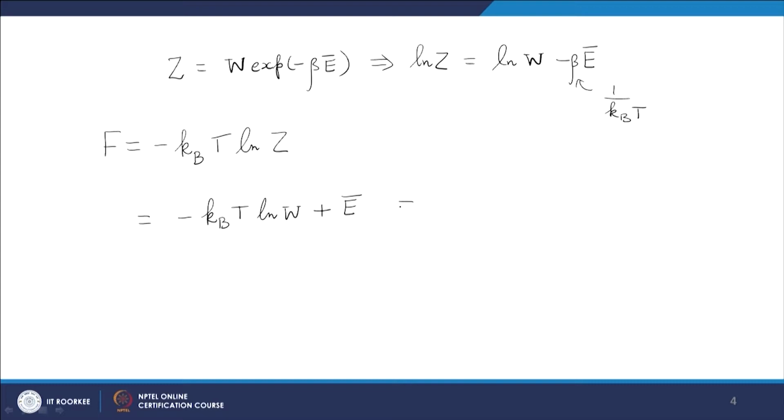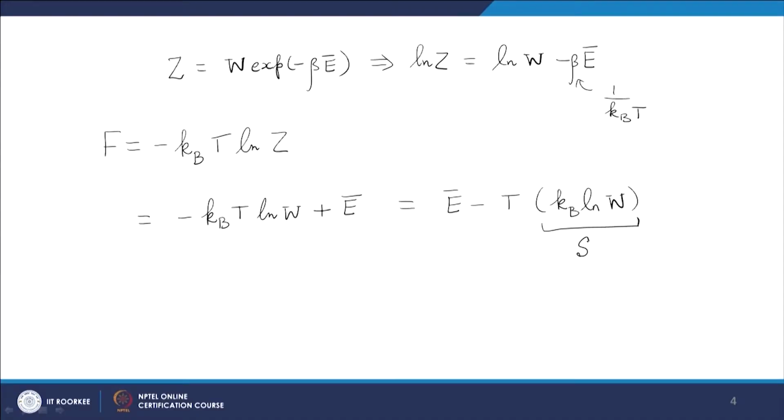So, this we can identify as E bar minus T multiplied by kB ln W, and this quantity, as stated by Boltzmann, is the definition of the entropy. So, Boltzmann really had a very funny life.